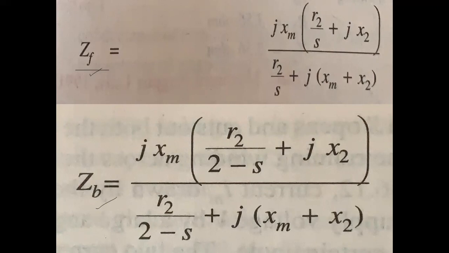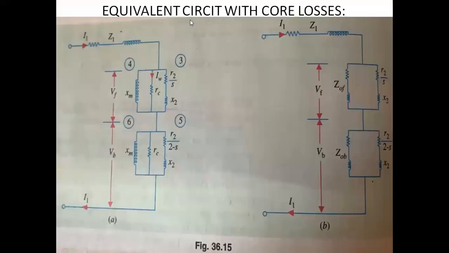Next, we will see the equivalent circuit with core losses. That was without core losses, where I was not considering the iron losses. If I consider the iron loss, this is the equivalent circuit with core losses. Here the core losses are represented by an equivalent resistance.